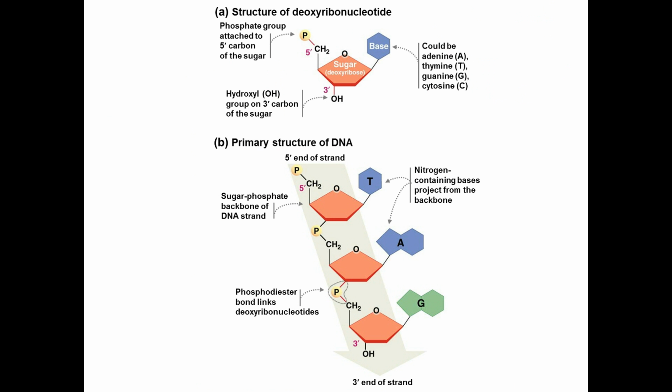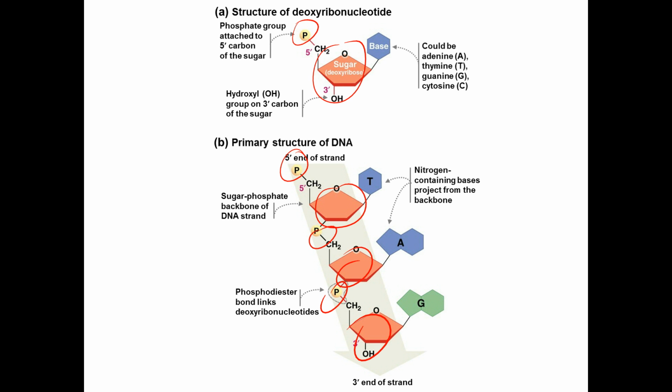These nucleotides have a polarity. The backbone of a polynucleotide of either DNA or RNA is made up of the sugar and phosphate. Looking at the primary structure of DNA: phosphate, sugar, phosphate, sugar, phosphate, sugar.